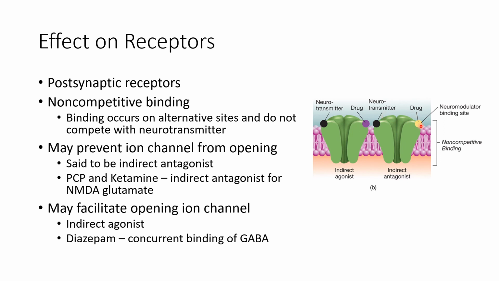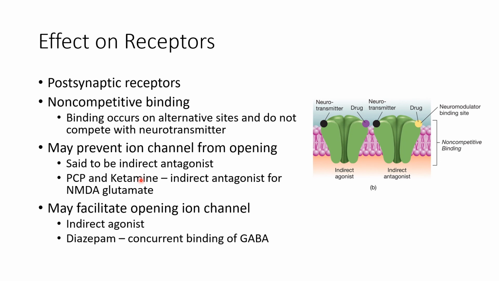It's going to produce an inhibitory response. So, for example, another neurotransmitter that we're going to talk about here in a few minutes is glutamate. For glutamate, there are indirect antagonists called PCP and ketamine. You may have heard of these before.